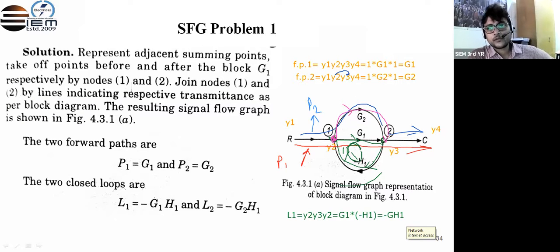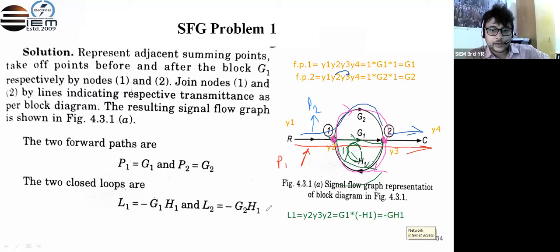Clear? Then this direction. Clear? So is there any intermediate node that repeats? No, there is no repeating of the intermediate nodes. There are no intermediate nodes present here. But y2 y3 y2 via G1 and G2 is not a loop. Okay.